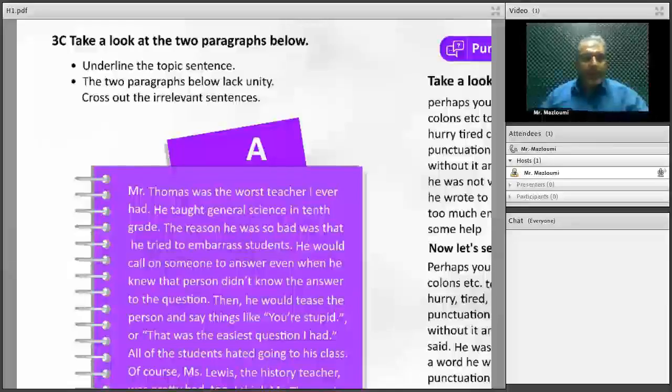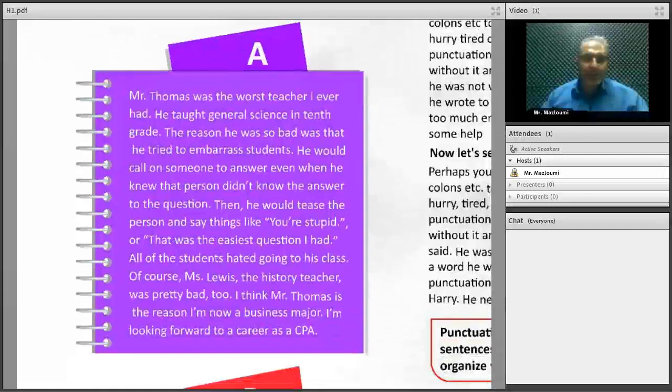Underline the topic sentence, of course. The two paragraphs below lack unity. There is no unity. Paragraphs A and B are not unified. Cross out, delete the irrelevant, unrelated sentences.